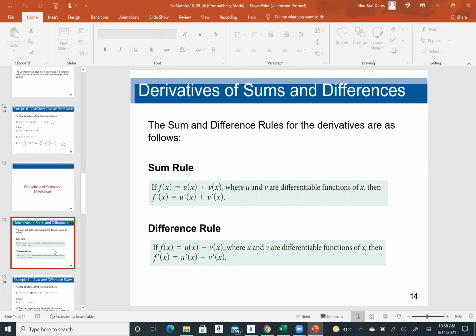Now, you have more than one term in x. You get u of x plus v of x. Now, not necessarily 2, can be 3, can be 4, it can be 5, whatever. What you do here is you just apply the sum rule. Okay? All right, now just focus on the sum rule. Difference rule, no need to do it yet. We do it later. Okay, now what is the sum rule?